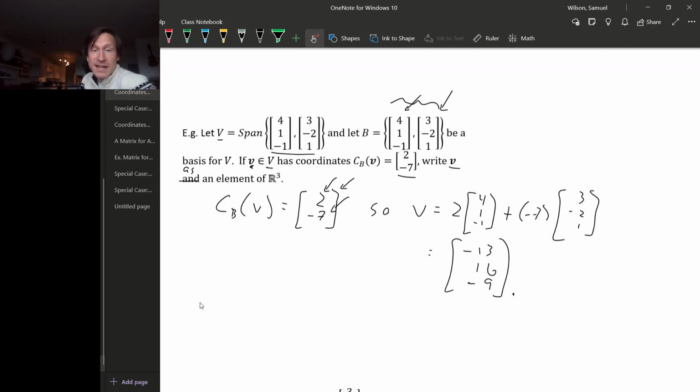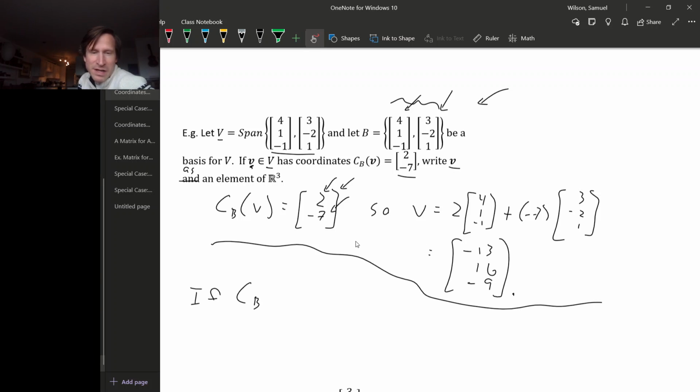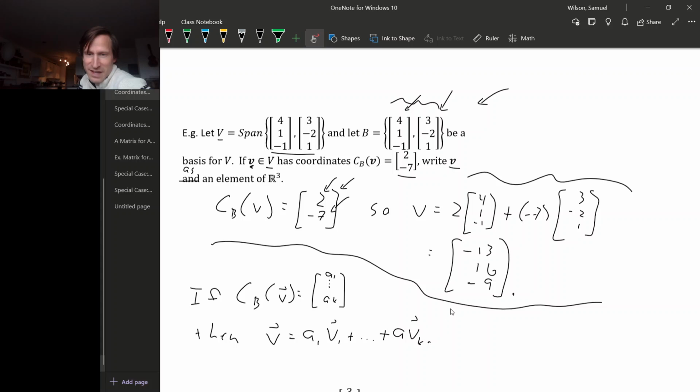So the general idea here, not for this particular example, is that if you have the coordinates for a vector, then you can reconstruct the vector itself because you just use those coordinates as coefficients on your basis, which is essentially what we did here. But this is how it works in general.